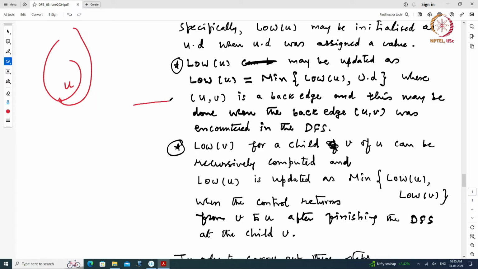Therefore, low u in this case captures 0 tree edge followed by 1 back edge, no tree edge is involved here.